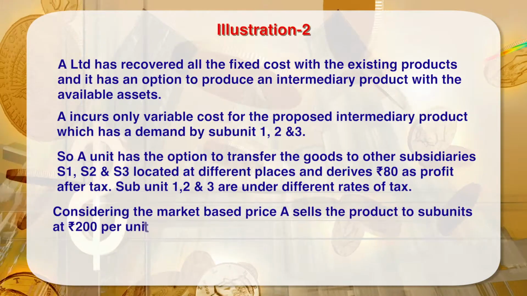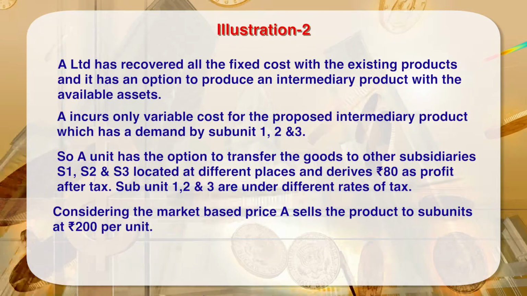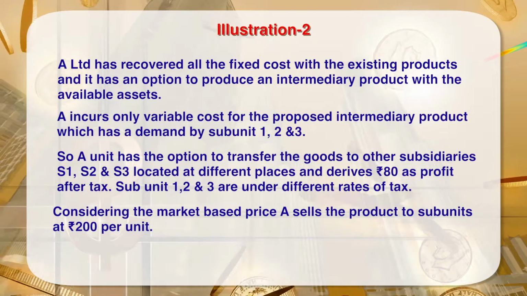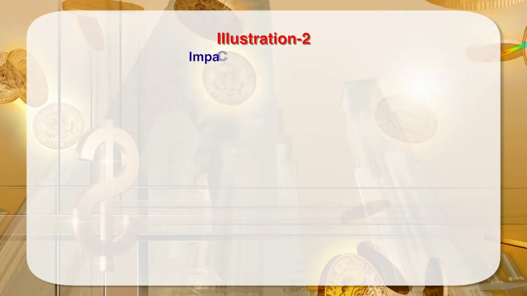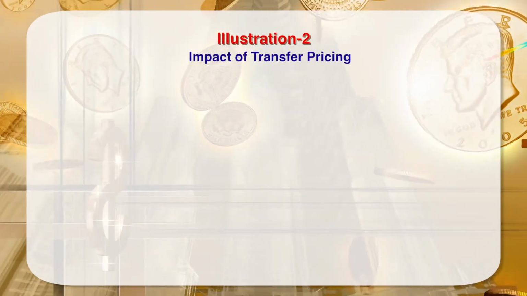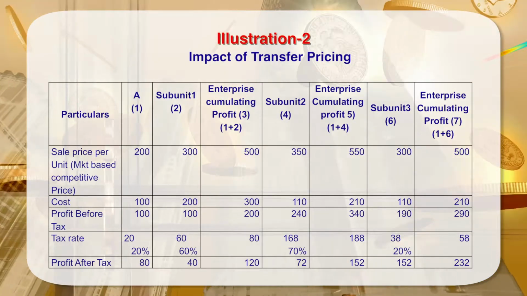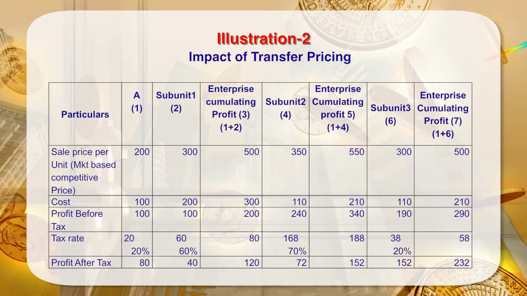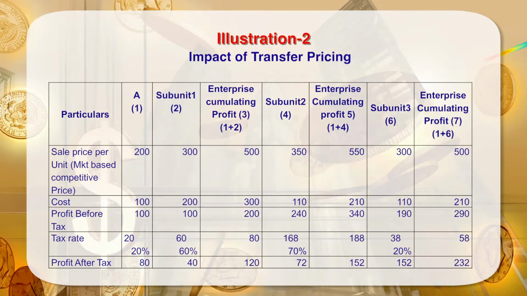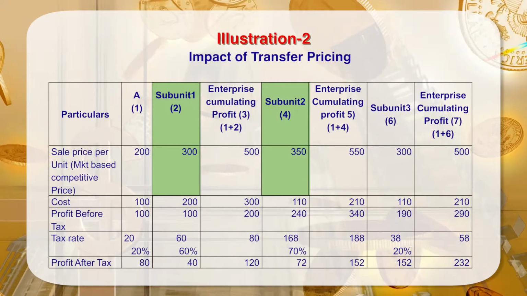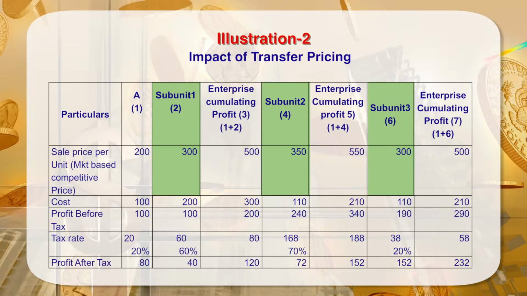Considering the market-based price, A sells the product to the subunit at rupees 200 per unit. The tax implications analysis shows that subunits 1, 2 and 3 process the goods and sell them at rupees 300, rupees 350 and rupees 300 respectively.